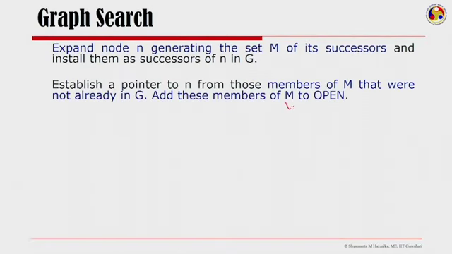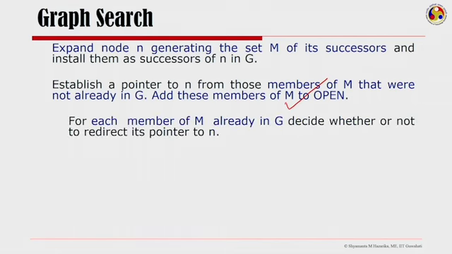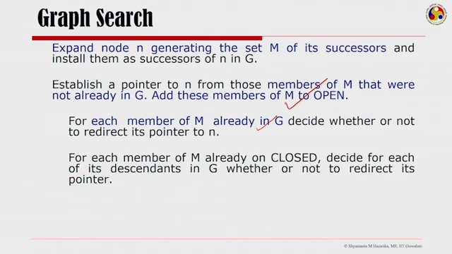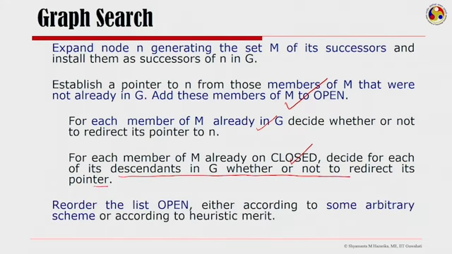So add these members of M to the open list and then expand them further. Now if a member of M is already in open or in closed, that means one of the successors has already been expanded, then we can decide whether to redirect its pointers, or redirect its descendants to that pointer, else we will ignore that node to be expanded further.